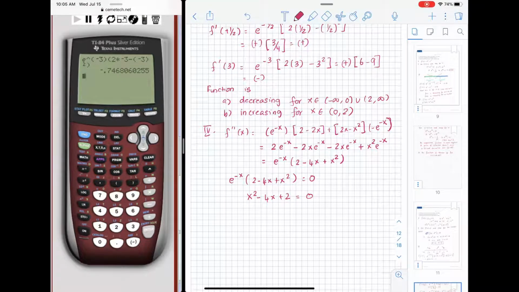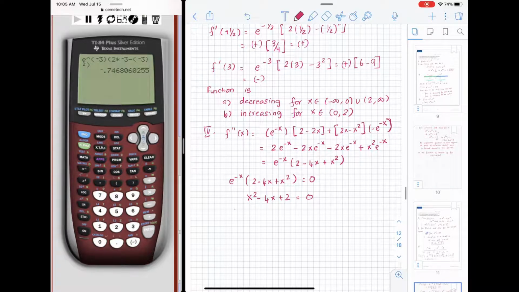If we can factor, it is great, but unfortunately we cannot factor this. So x is minus b, we use the quadratic formula, plus or minus the square root of b squared minus 4 times a times c, divided by 2 times a.